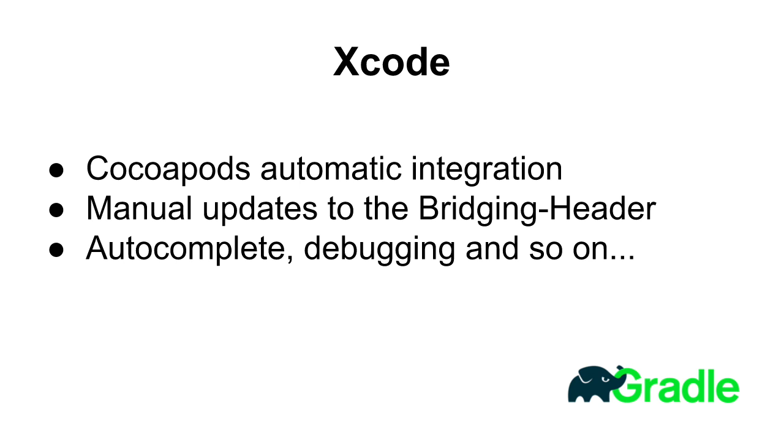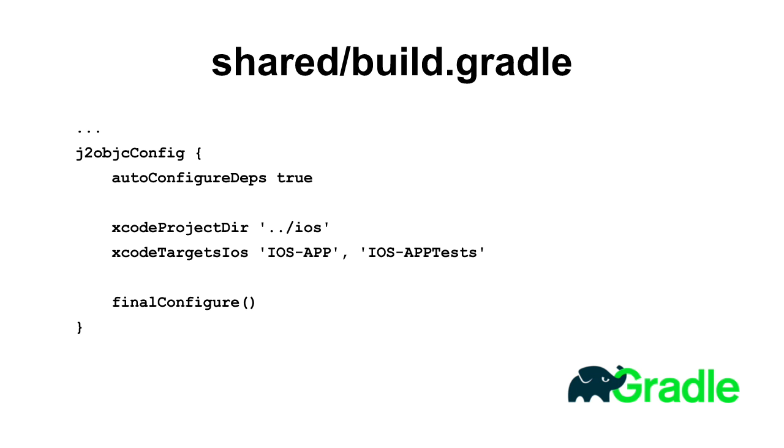CocoaPods, for those of you who are not as familiar with it, is a way of managing dependencies within Xcode. Very popular and widely used. And the idea is that you only need those couple of lines, and then it figures out everything else for you.